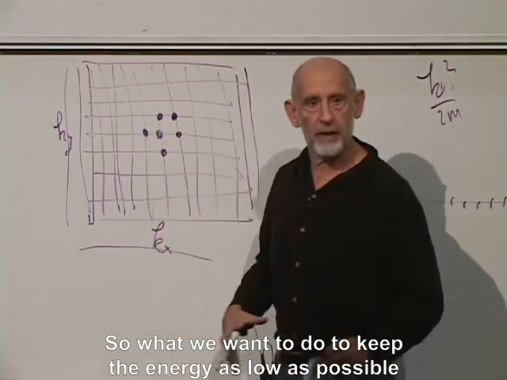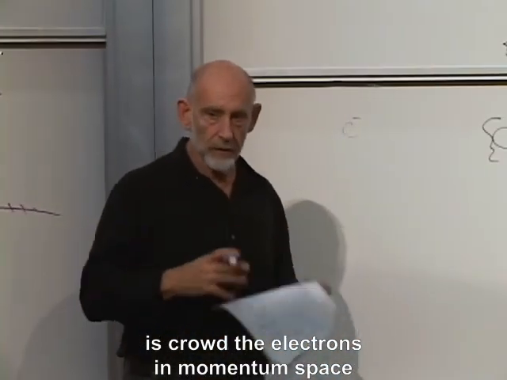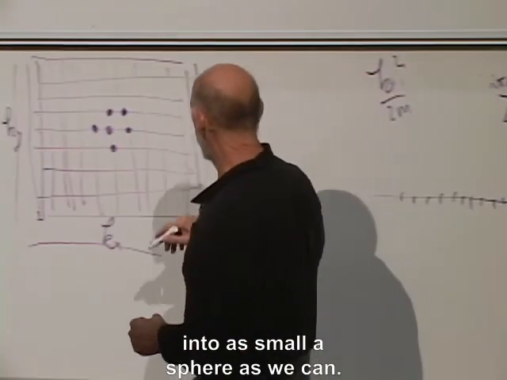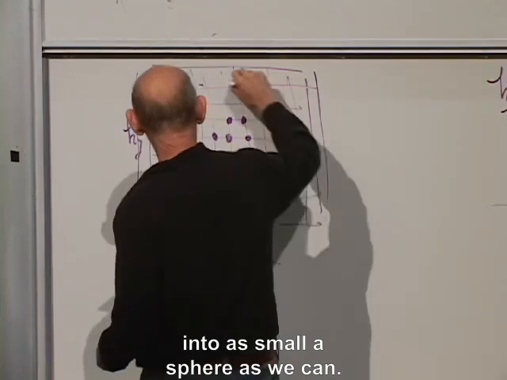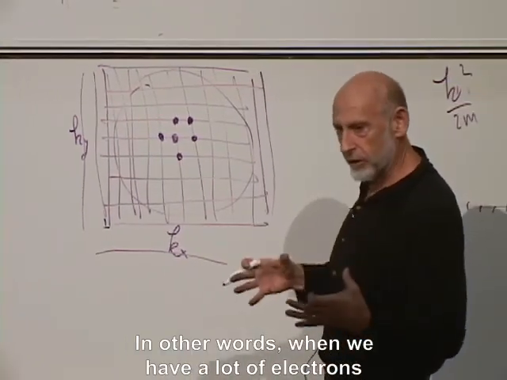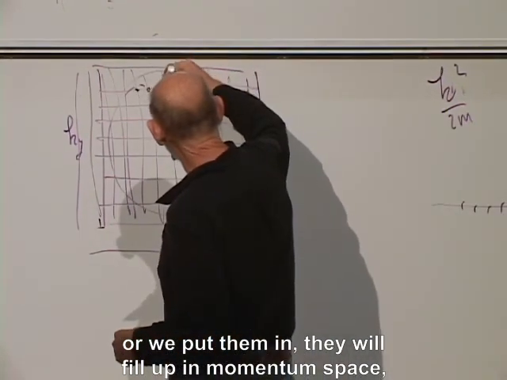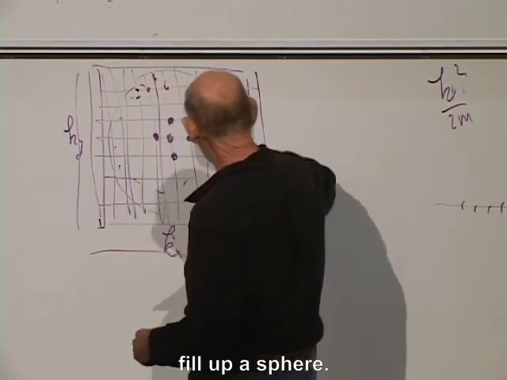So what we want to do to keep the energy as low as possible is crowd the electrons in momentum space into as small a sphere as we can. In other words, when we have a lot of electrons, when we put them in, they will fill up in momentum space. Well, of course, they'll fill up a sphere.